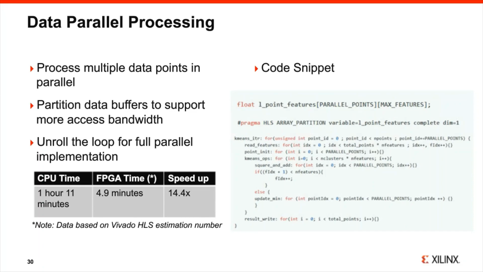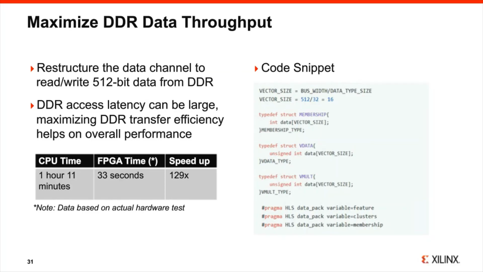In this stage, our aim is to restructure the data channel to transfer more data between kernel and DDR. The DDR data channel is 512 bits wide, so we will pack 15 points into same data to maximize the transaction bandwidth.